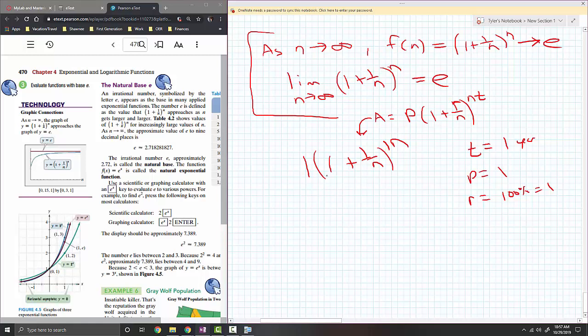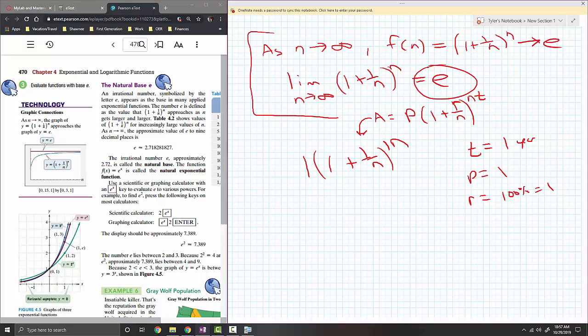So in other words, if I invest $1 in a compound interest account with 100% interest rate for 1 year, then as n gets larger and larger, the more times I compound, this whole amount is going to approach the natural number e. So roughly $2.72, if we round that to the nearest cent, is what $1 will turn into.